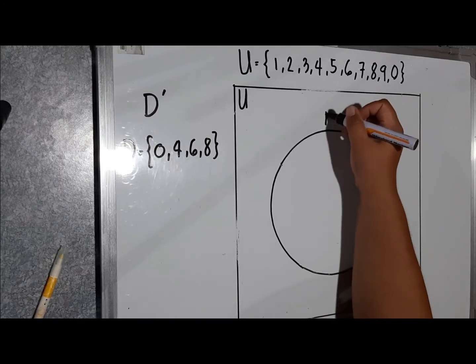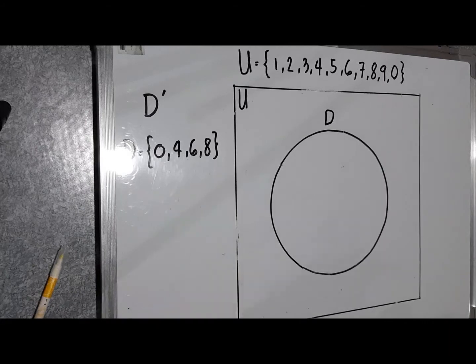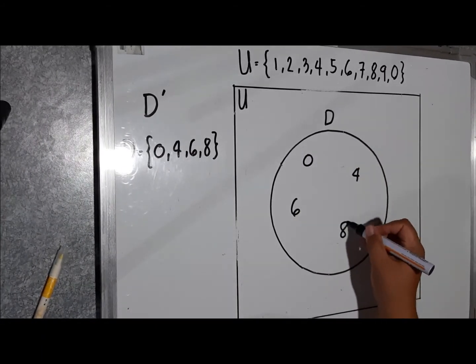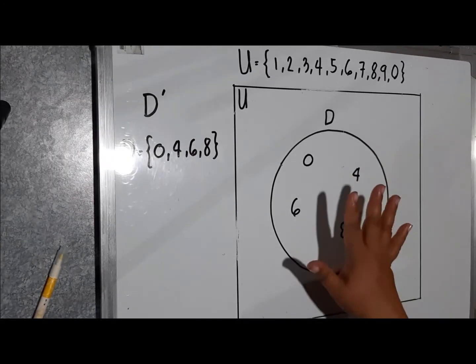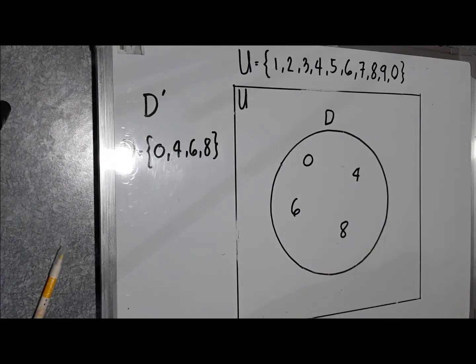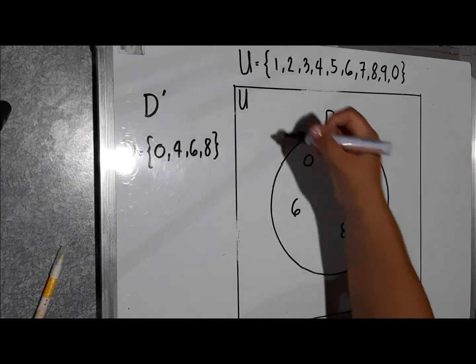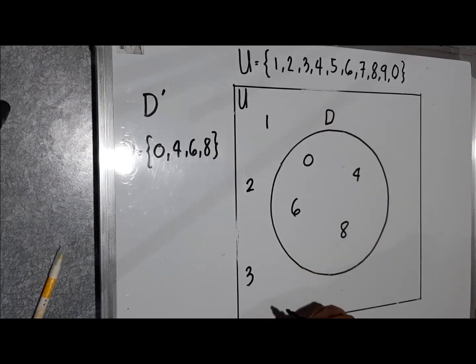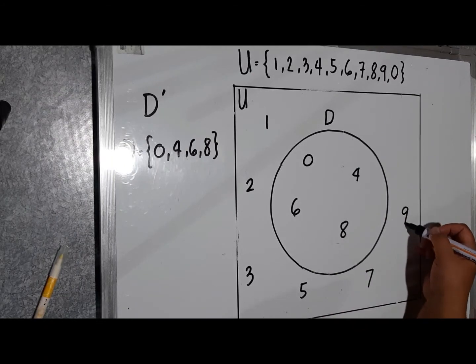So, we'll label this as set D. So, what is inside set D? 0, 4, 6, and 8. Now, outside D, we put the remaining numbers in the universal set, which include 1, 2, 3, 5, 7, 9.